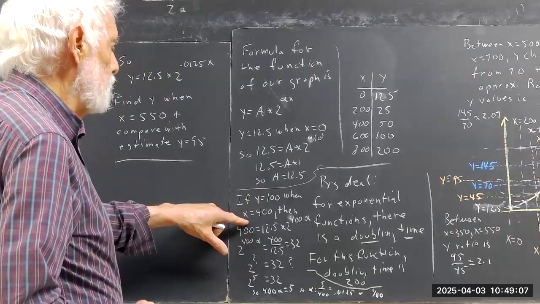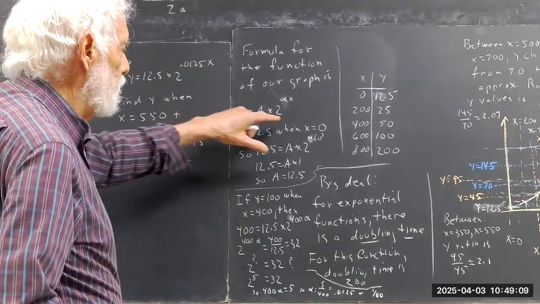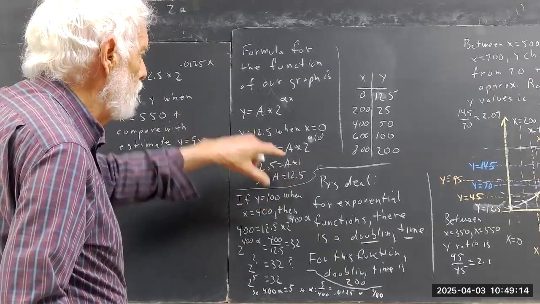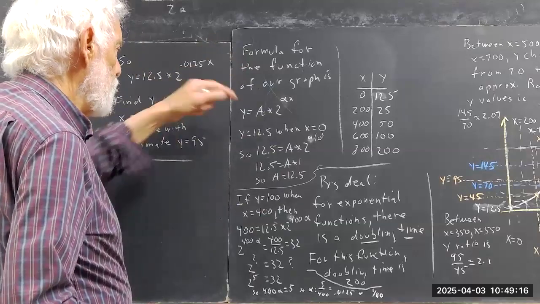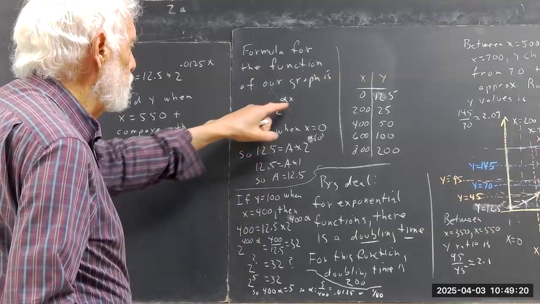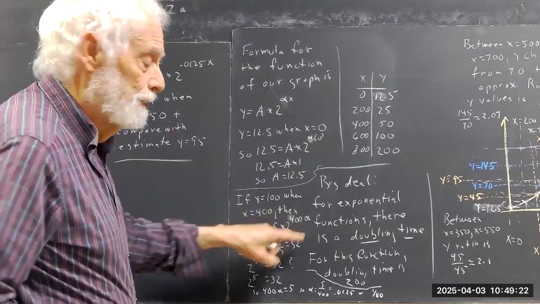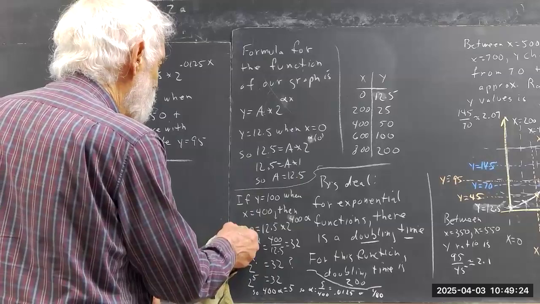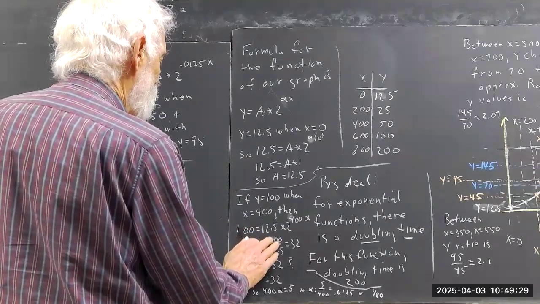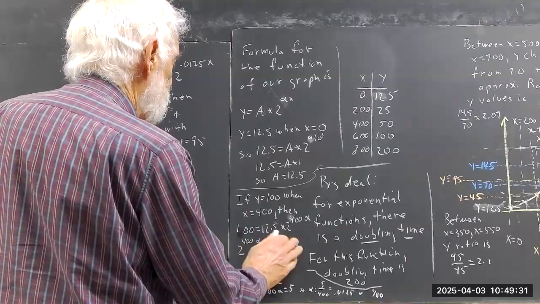Now, this goes on right along because what we get doesn't work. If y is 100, x equals 400, then if we plug into this with a equal 12.5, well, the 400 goes here, and that's right. What goes here? 100.